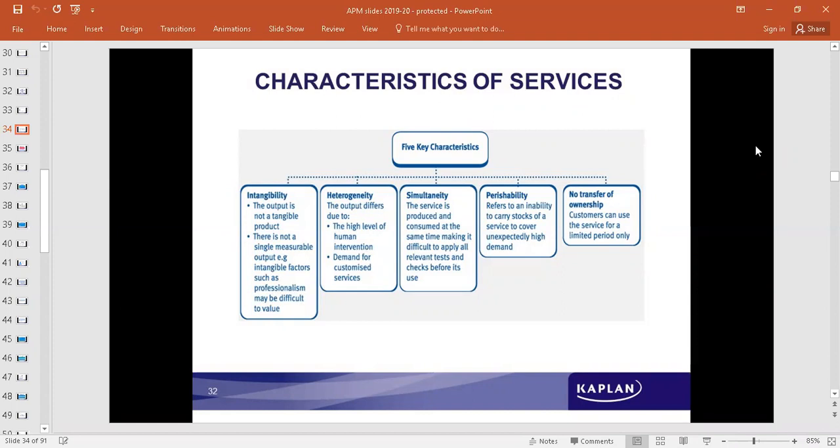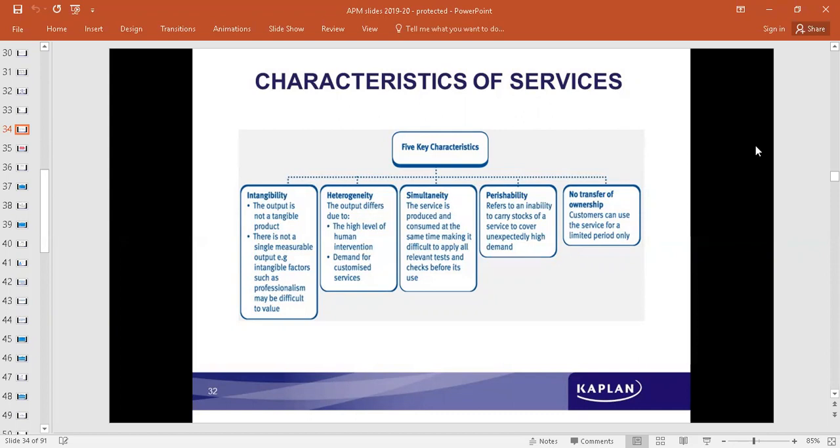Heterogeneity is customization. Each client to whom the services are provided does not receive them in a standardized format. Products are standardized. Every unit of the product that is produced is similar to the other units, so it's standardized production. But services are customized.